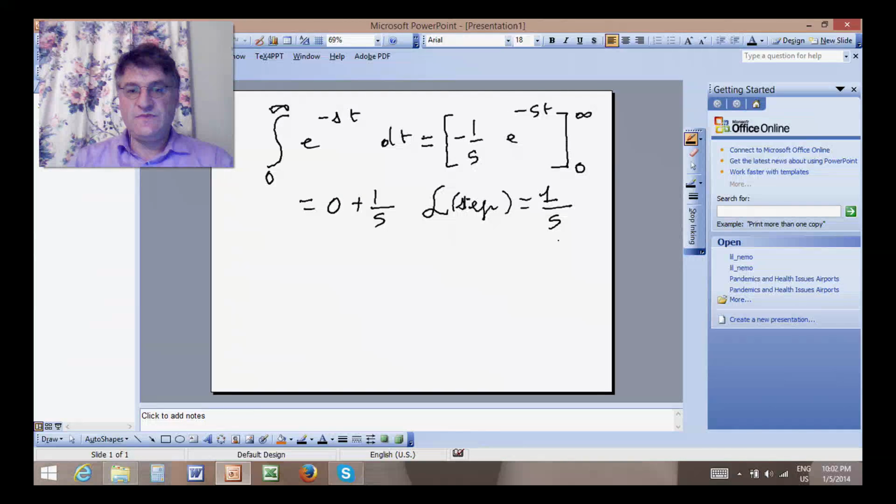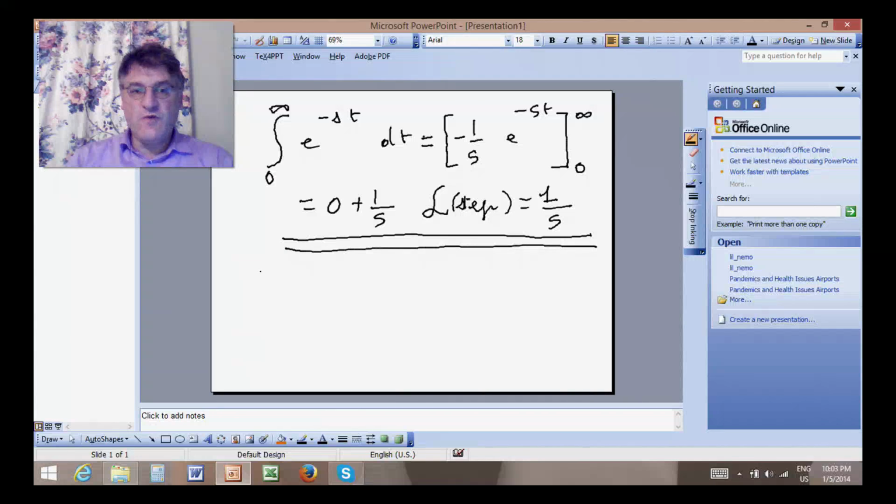Now, we could look at other examples. And the more examples we do, the more we'll understand what goes on. How about the Laplace transform of an impulse?